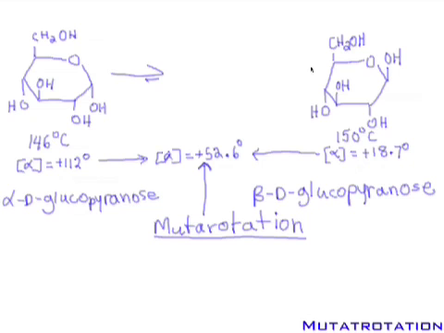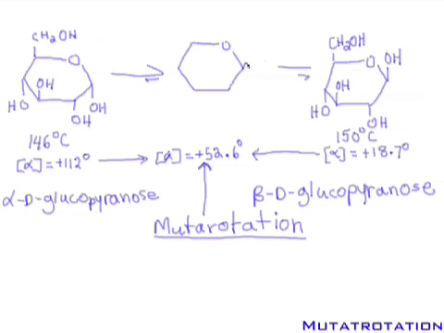The equilibrium to the open chain form, which is present 0.02%. And the open chain form then converts between alpha and beta. It is the equilibrium. I'll have to shorten this arrow.